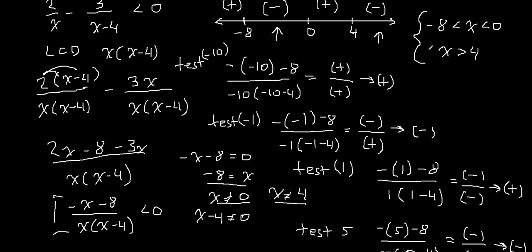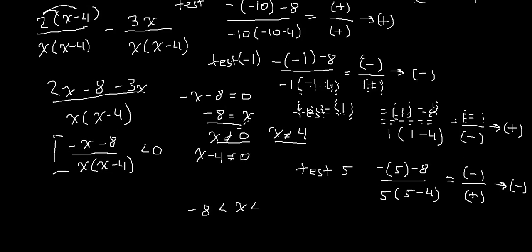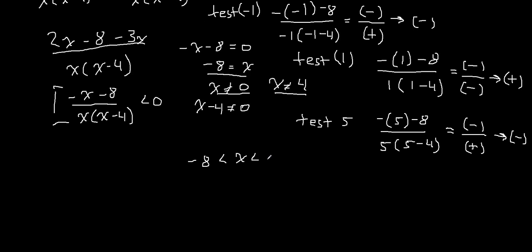If you wanted interval notation, let's bring these answers down here. Negative 8 is less than x, which is less than 0. And x could also be greater than 4.